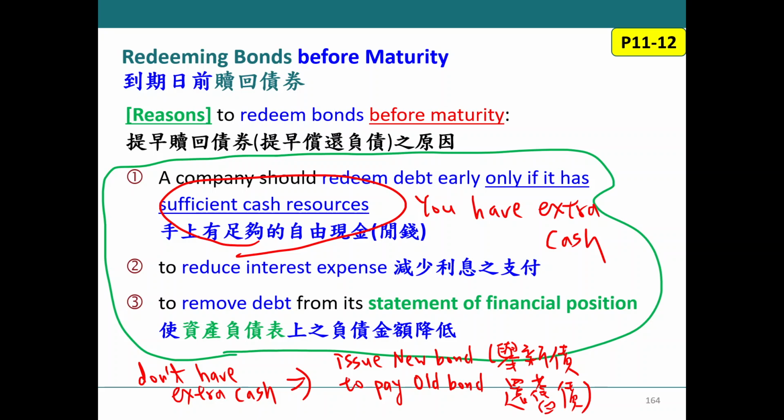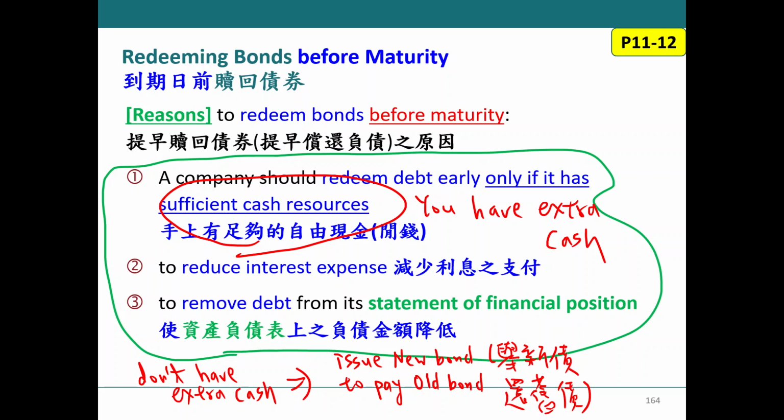So could you tell me, when you issue the new bond to pay the old bond, today, does the market interest rate increase or decrease? Today, the market interest rate is higher or lower than before? Sean, lower or higher?